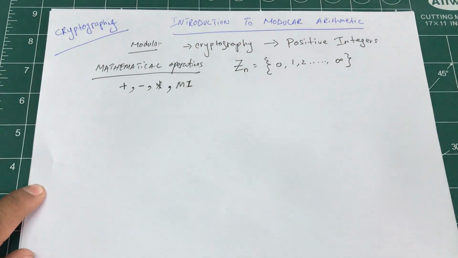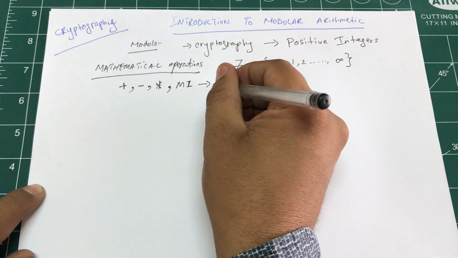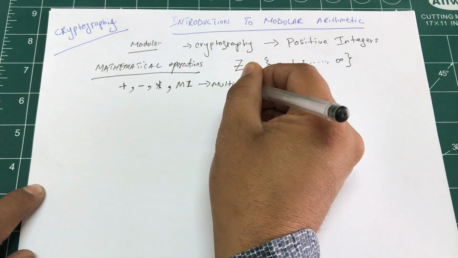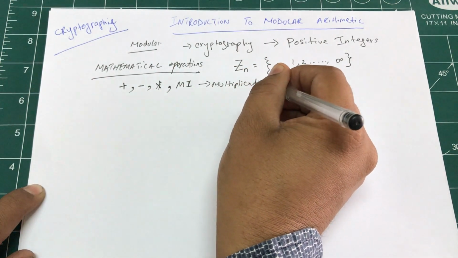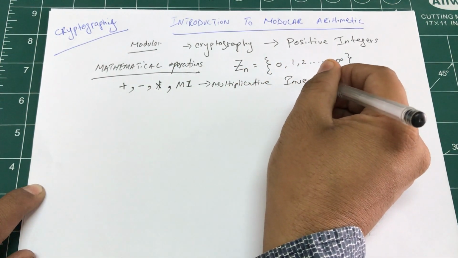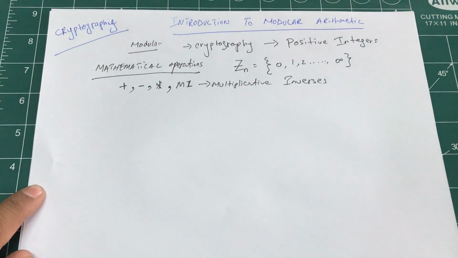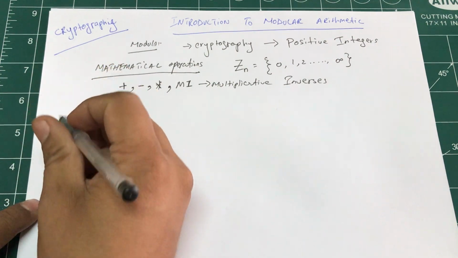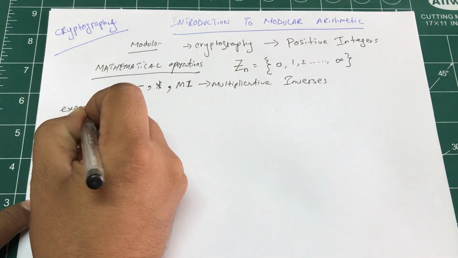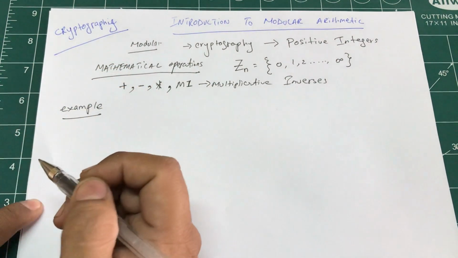Let's just call it MI. We're going to learn that in the next tutorial, how to find multiplicative inverses of things. That's what we're focusing on. So instead of wasting your time, let's do an example.